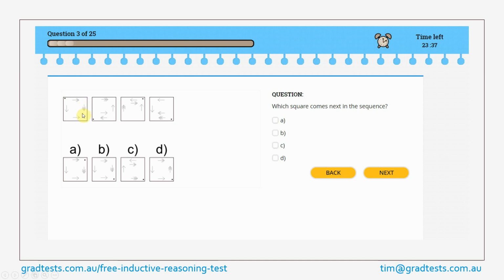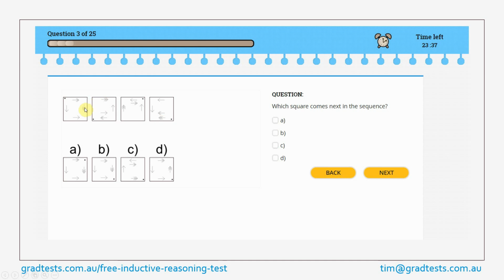It starts off here, and it moves 1 position anti-clockwise, then another position anti-clockwise, and then another. So it looks like it's rotating anti-clockwise 90 degrees in each step. That appears to be the pattern.